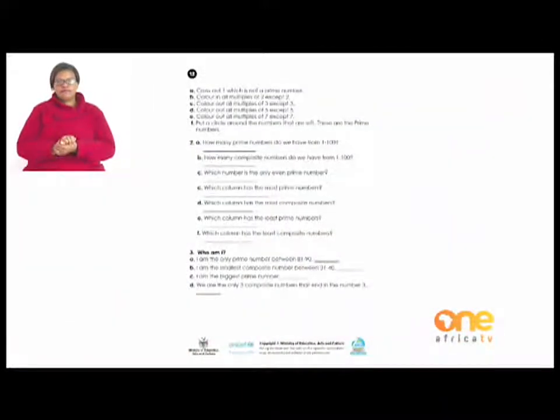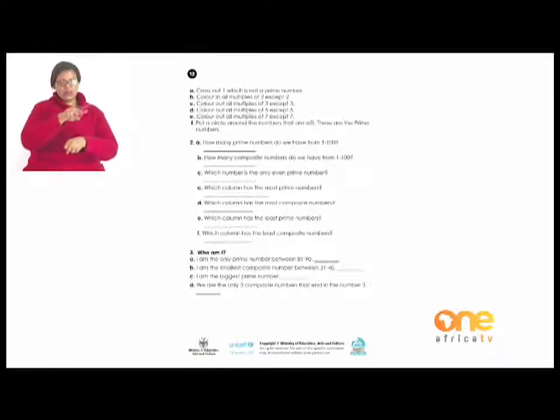Now, there are certain instructions that we need to carry out so that we can discover our prime numbers. At the same time, we will also be able to discover our composite numbers, but we will come to that later. Okay, A. A instructs us to cross out 1, in other words, the number 1, which is not a prime number.